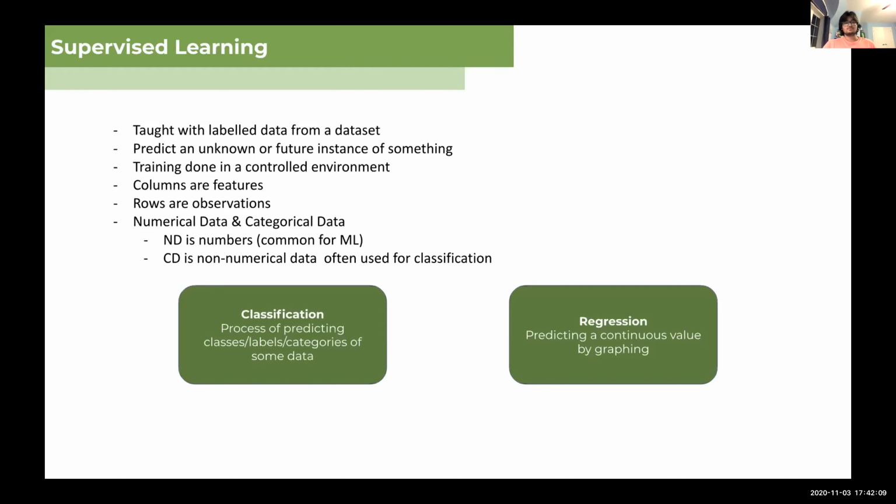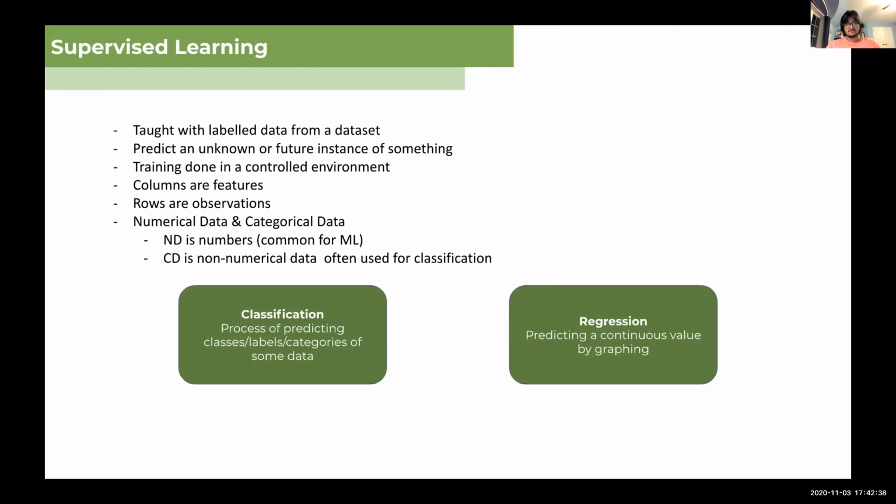So to connect those two exercises to supervised learning again, the two forms of supervised learning are categorical and numerical. Or in other words, you can classify data or use a regression analysis to predict a future instance of something.